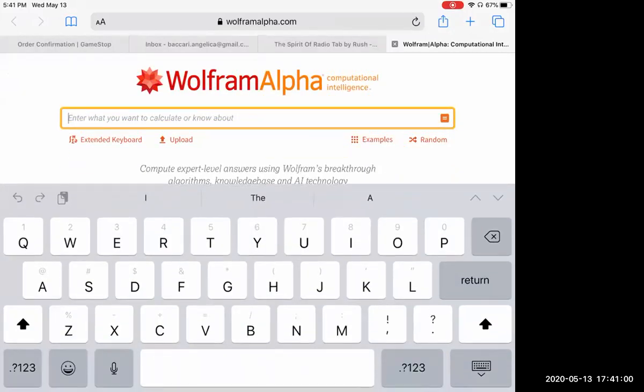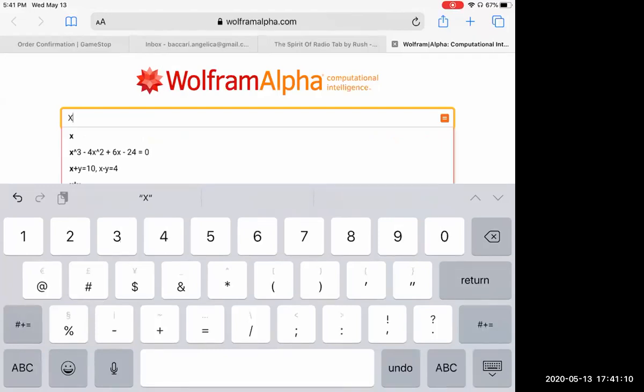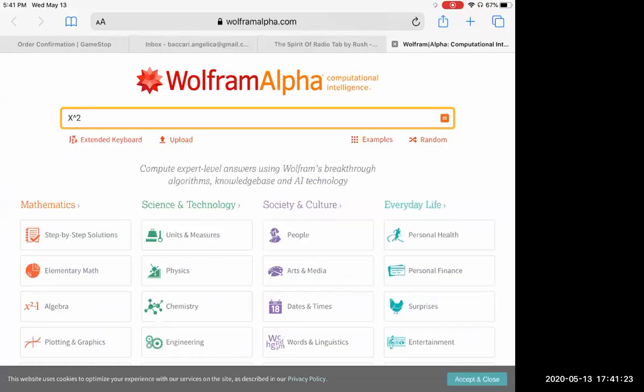So we can type in, for our question... I don't remember our question, so let's type in something random. You can type in x squared using the caret, which gives you the square. And let's choose that one right there.